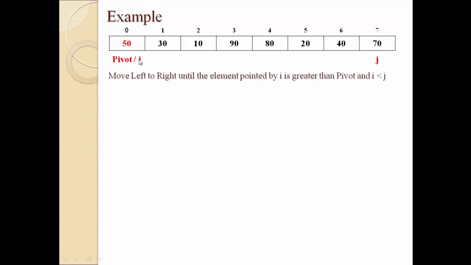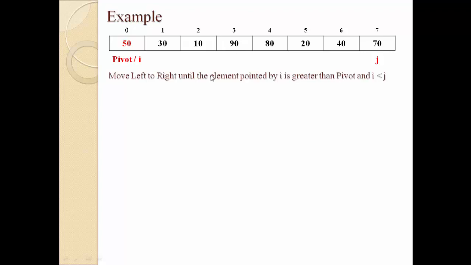When we move from left to right, we have to identify the number which is larger than the pivot element. For example, when we move from the first position to the second position, the value is 30, and 30 is not larger than 50. Then we compare the third element, 10. 10 is not larger than 50. Then we move to the fourth element, and we check whether 90 is greater than 50 or not.